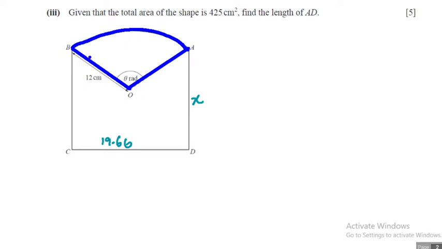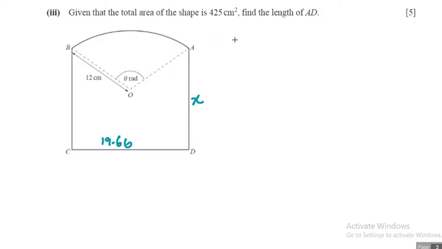If you can memorize that formula, why not? But in this case, I will just use my logic. I will take the area of the sector, which is half r squared theta, and minus this triangle here, which is half AB sine C, then I can get the segment.